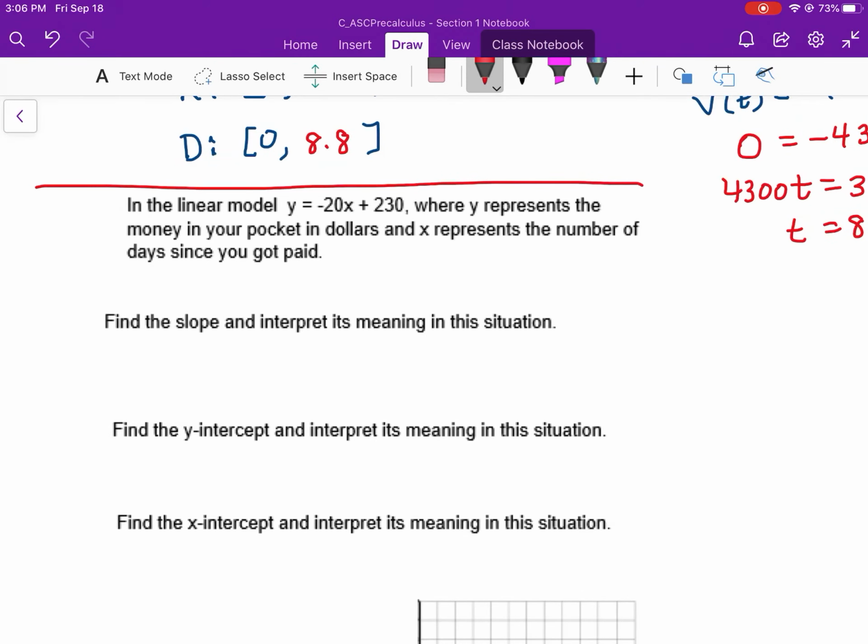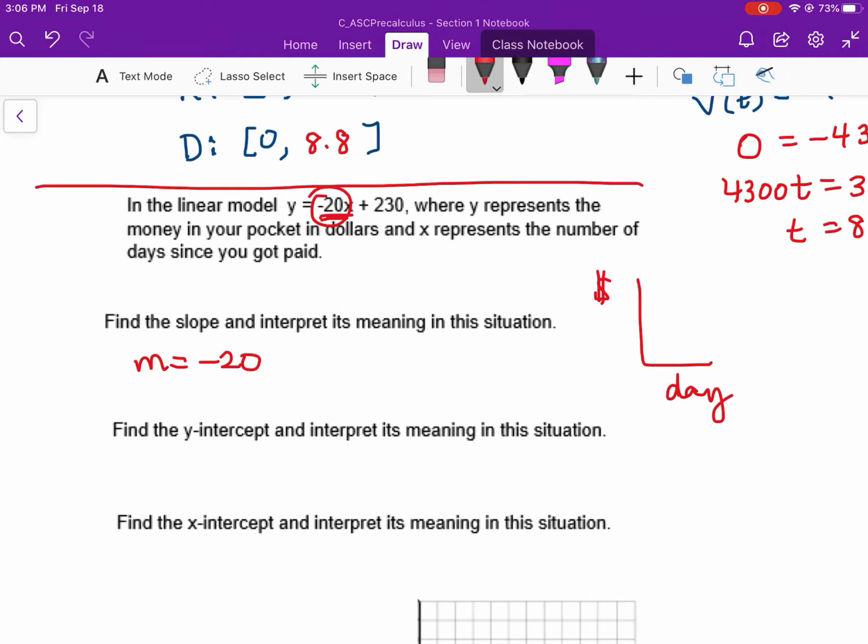Well, what does the slope mean, do you think? Now remember, the y represents money, and the x represents days, right? And it looks like I have a negative slope, right? I got the slope. Slope is negative 20, and that's dollars. Let me write it differently.